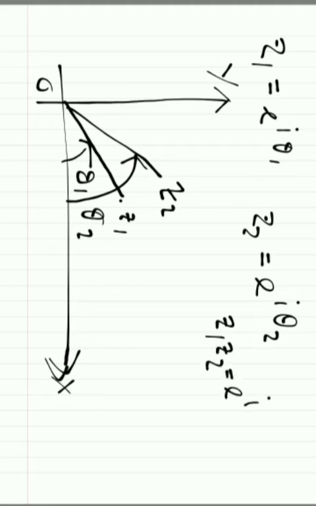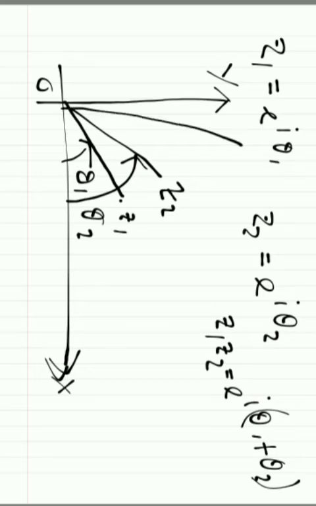Now if we find the product z1 z2, you can easily see it is becoming e to the power i theta 1 plus theta 2. That means the product will be somewhere here, where after theta 1 we are taking the angle theta 2 above it, and finally we are getting the angle theta 1 plus theta 2. So basically the line of theta 1 is rotated by an angle theta 2, and so we are getting the product z1 z2 with the argument theta 1 plus theta 2.